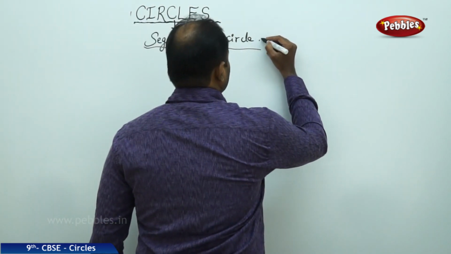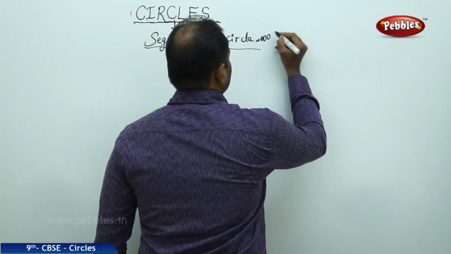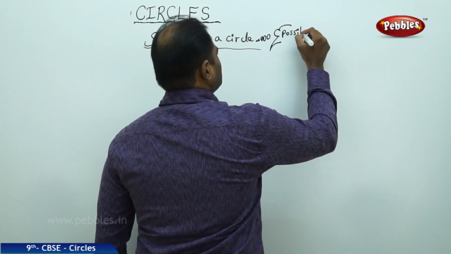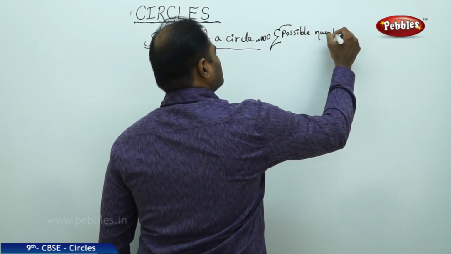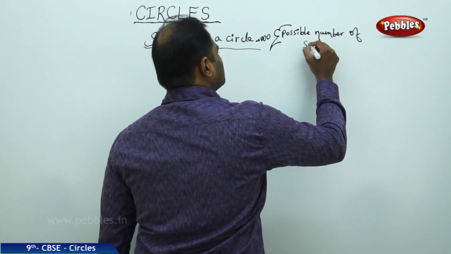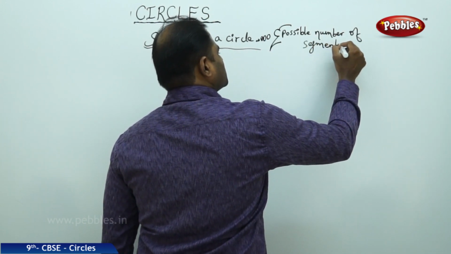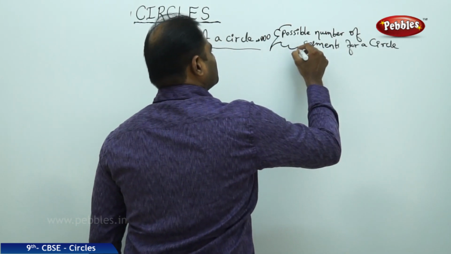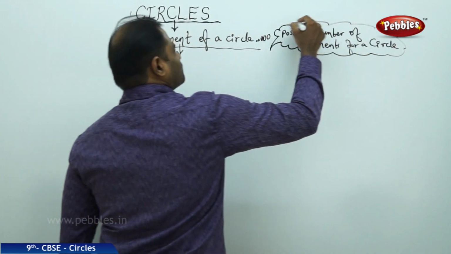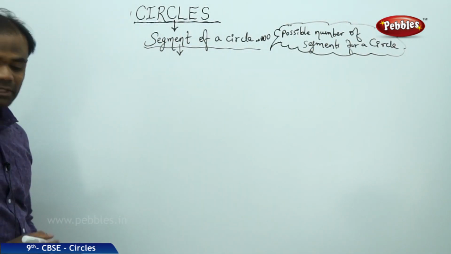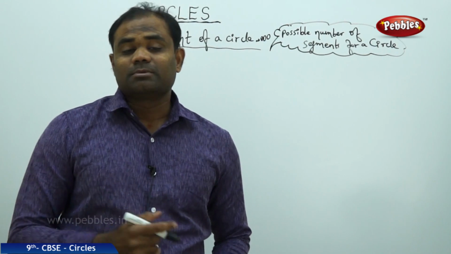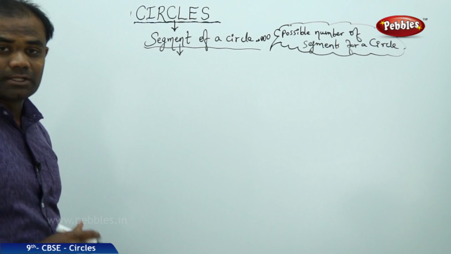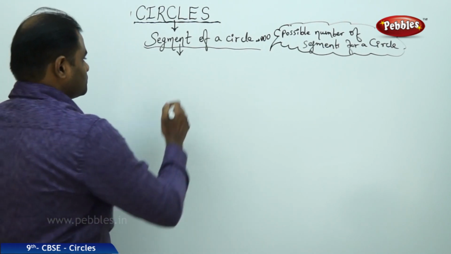So, possible number of segments for a circle. Today's session is about the possible number of segments for a circle. So let's take a circle for understanding the number of segments.